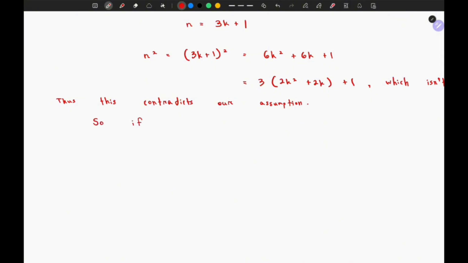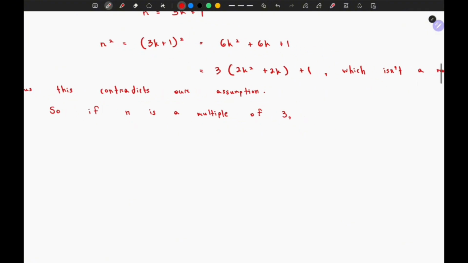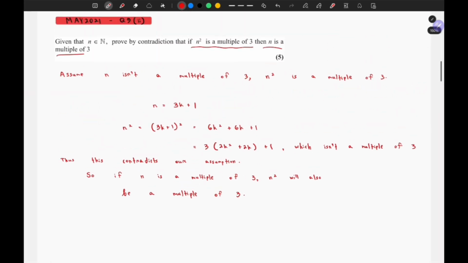So if n is a multiple of 3, n squared will also be a multiple of 3. So that is it for this question.